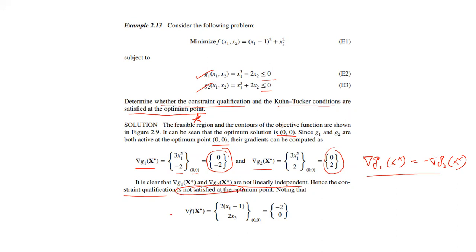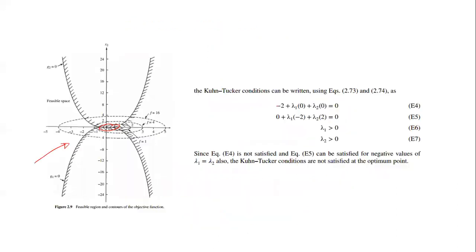Additionally, if you want, you can also find the gradient of our objective function at the obtained stationary point. Definitely the constraint qualification is not validated, but we can also check the Kuhn-Tucker condition.